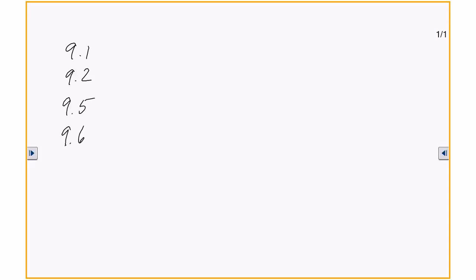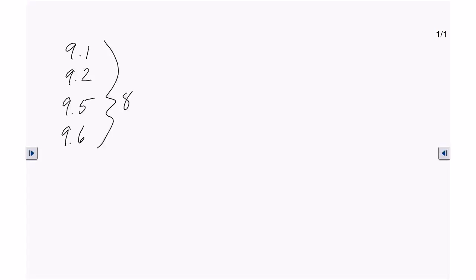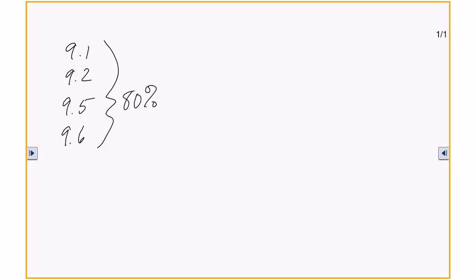It's pretty much going to make up 80% of the test, okay? I'm going to cover these 2 for the next week, and then I'm going to come back to 9.3 and 9.4. Okay? And we'll come back to that.